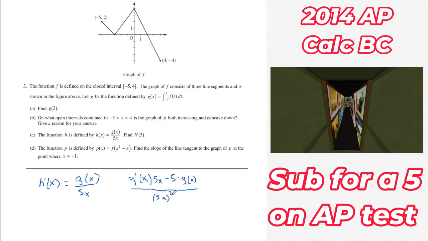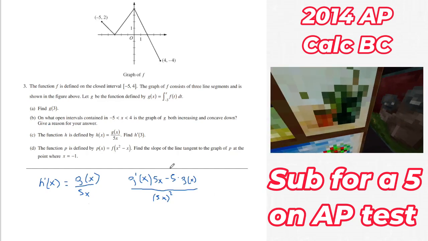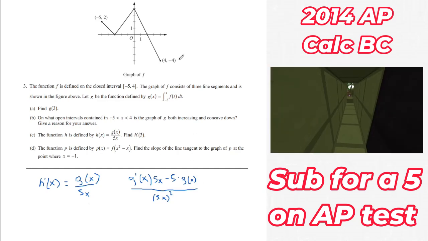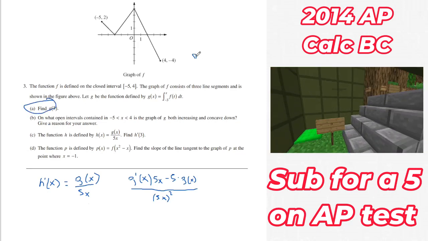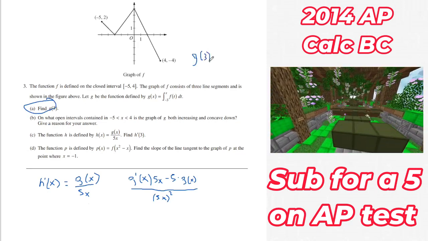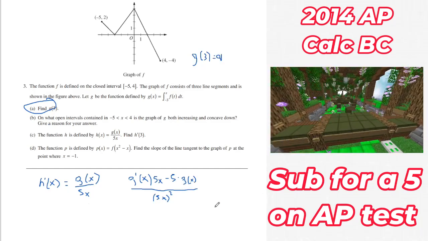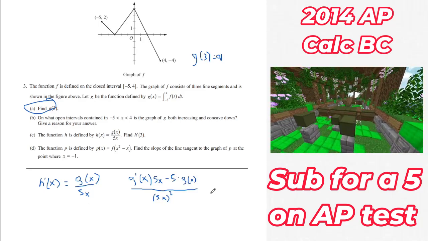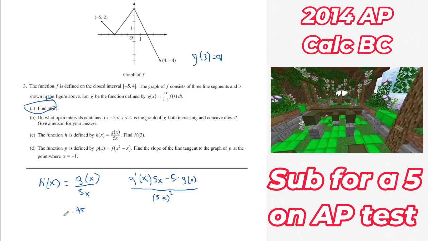squared. And now what we're going to do is evaluate this at 3. So remember that g of 3, as we discussed in the first one here, is equal to 9. So we can start plugging some things in. We have 5 times 9, so 45 here.